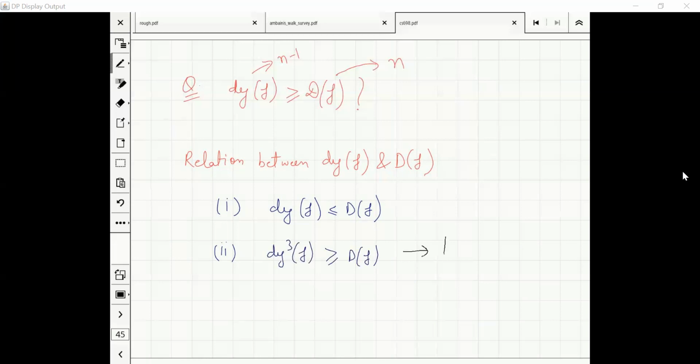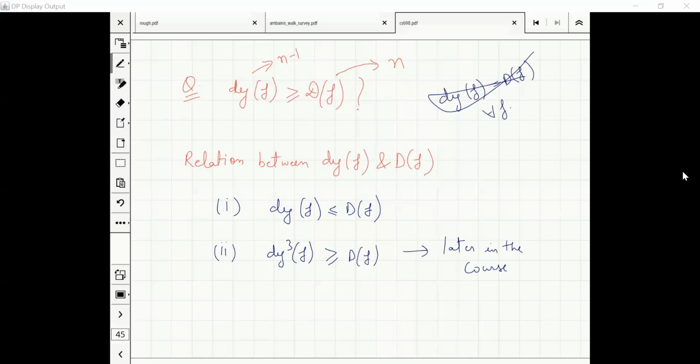So, sir, what about the equality? The equality is not there, I told you, right? This degree of f is equal to d of f cannot hold true for all f. This is an incorrect statement. For some functions, d of f could be degree of f.